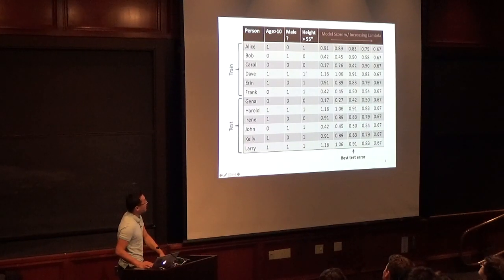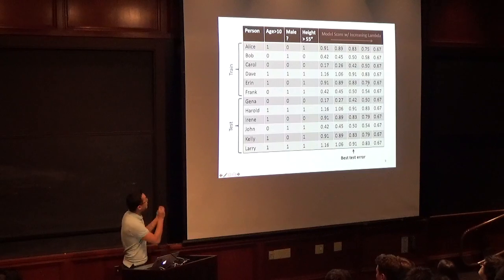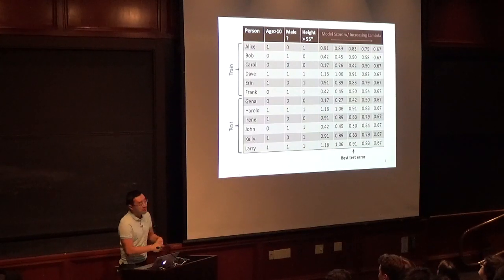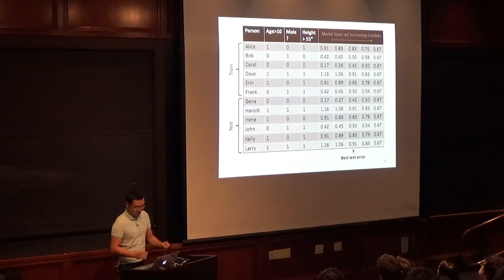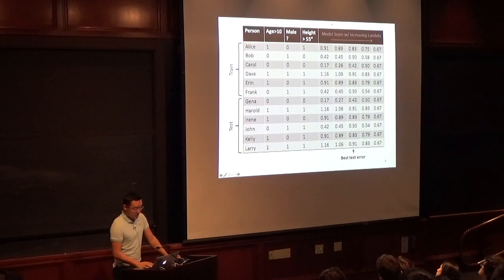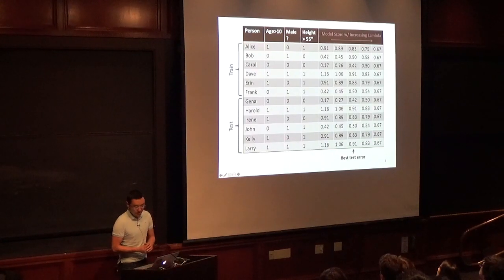The 4th column is the label, and then the last 5 columns are the trained model on the training set, the top 6 examples, and the score that this trained model gives on each row. So in increasing lambda: in the beginning, lambda is very low, close to 0. In the last column, lambda is very, very high, effectively infinity, at least up to 2 significant digits.